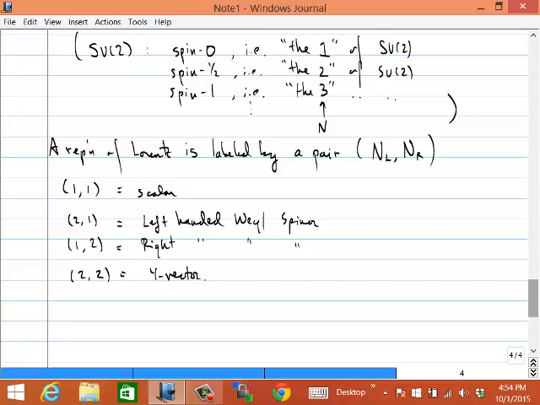So the n's and the n daggers would be given by the Pauli matrices, and then you would trace through and rewrite that in terms of the action on that 4-component object, and you can show that it's a vector representation.